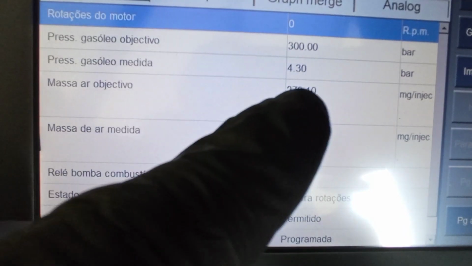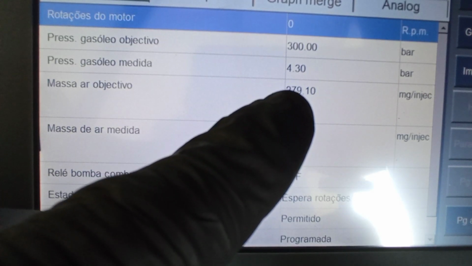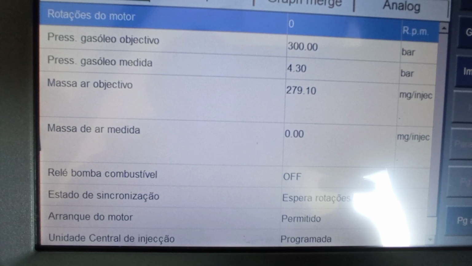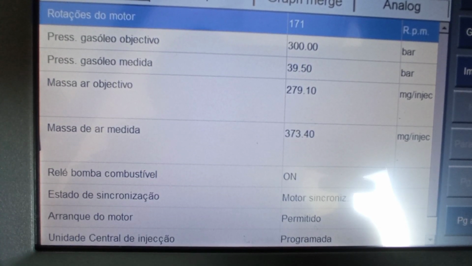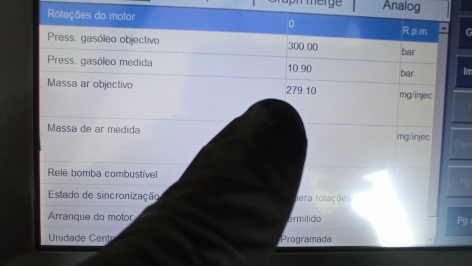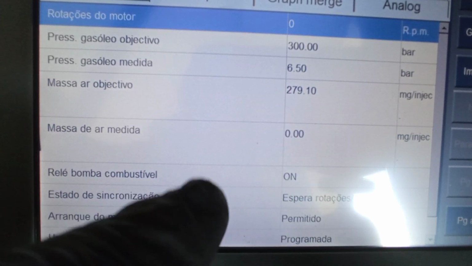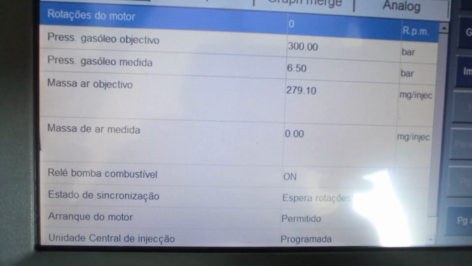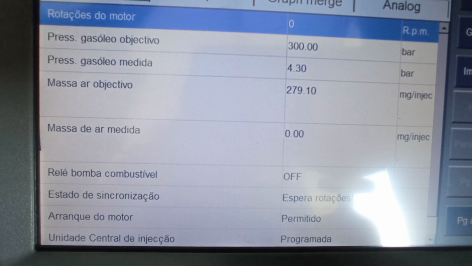For example, we can have a faulty injector on this problem here, but then you have a very smoky start, because if you don't have accumulation of pressure on the high pressure side, with a leak on the injector, you will be injecting fuel directly on top of the piston, and you have a lot of white or gray smoke through the exhaust, okay?